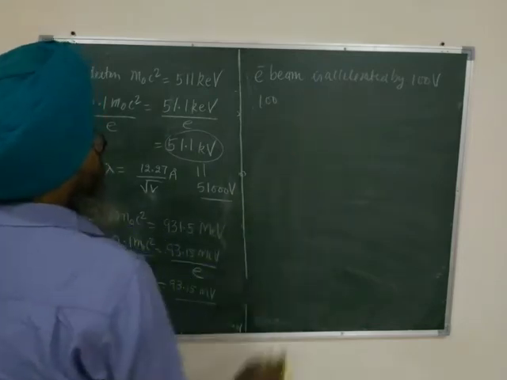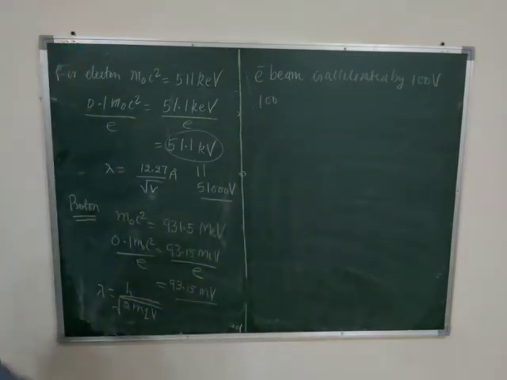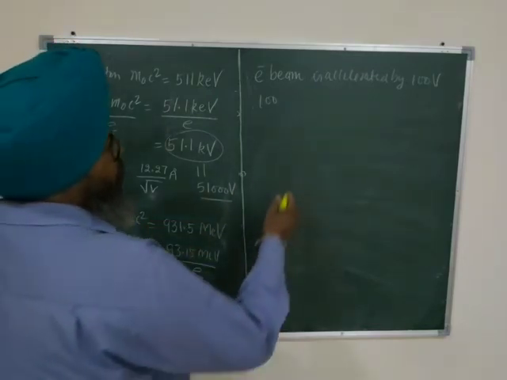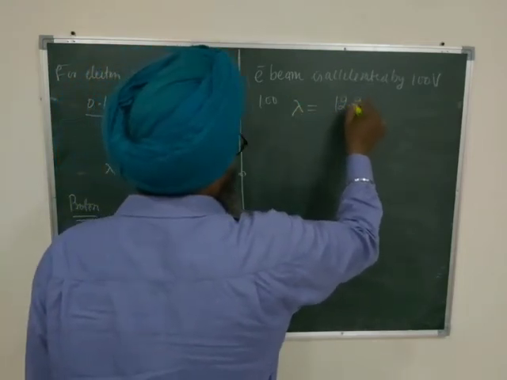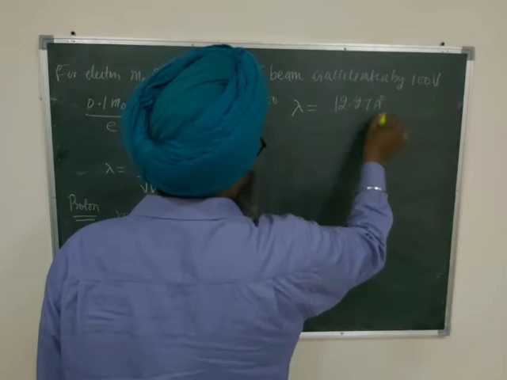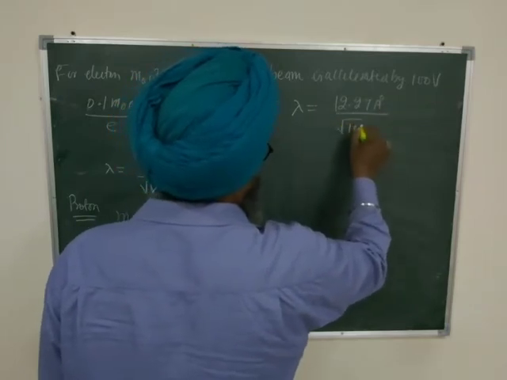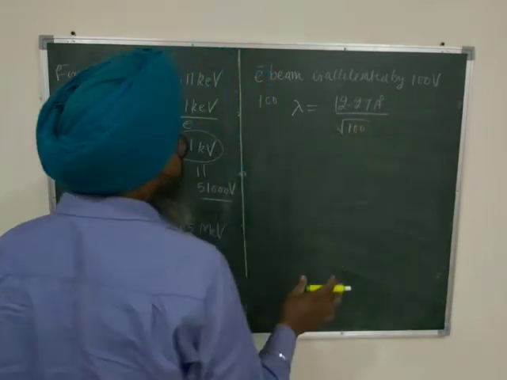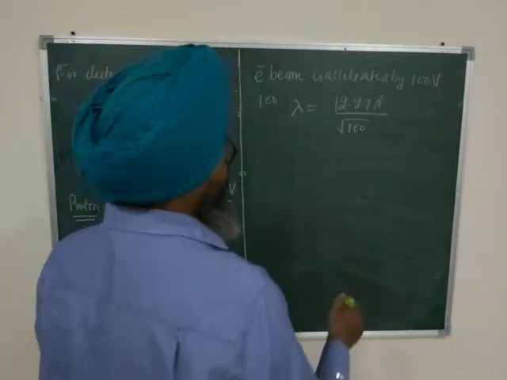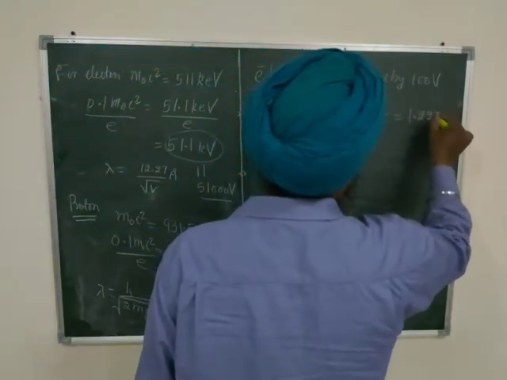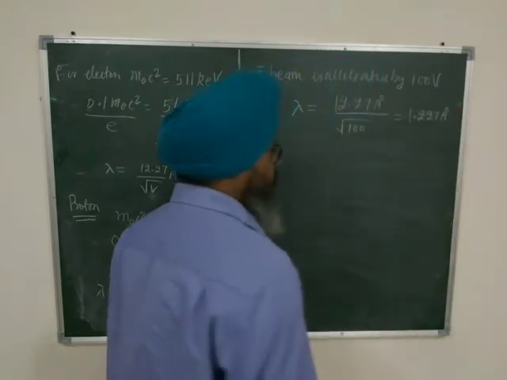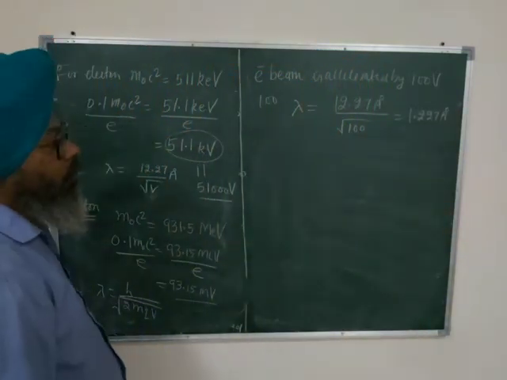Now 100 volt is very small as compared to 51,000 volt. So I can simply use this formula. Lambda is equal to 12.27 angstrom divided by square root of 100. The square root of 100 is equal to 10. That will give me 1.227 angstrom. Answer. This is very simple.